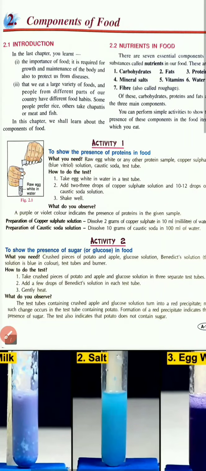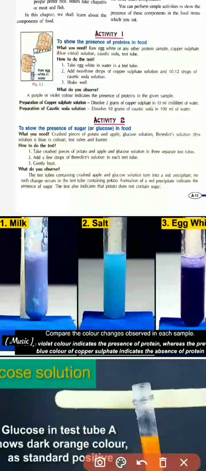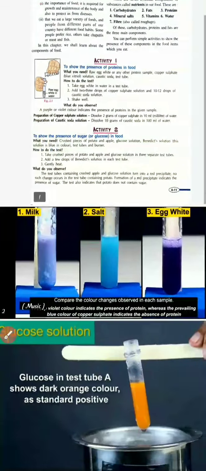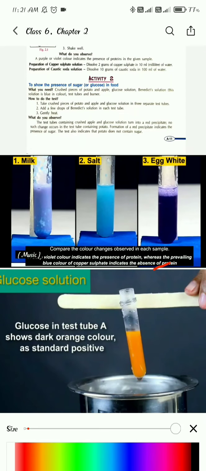Here you can see the picture. So this is the egg white. This is a salt, this is a milk.